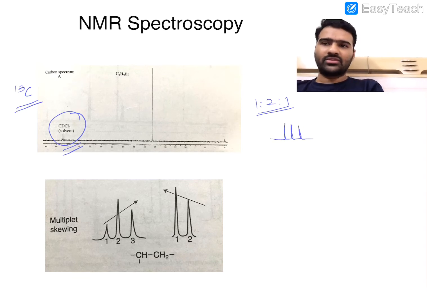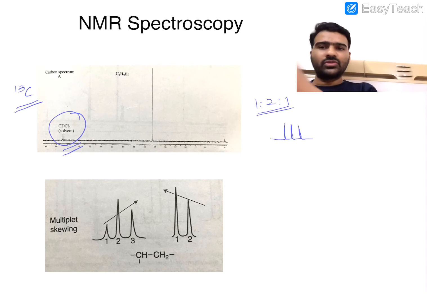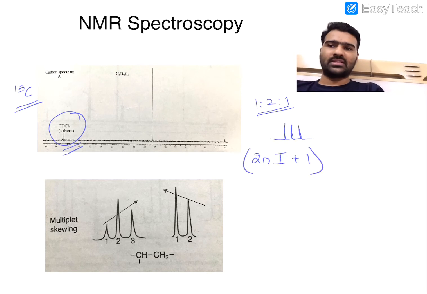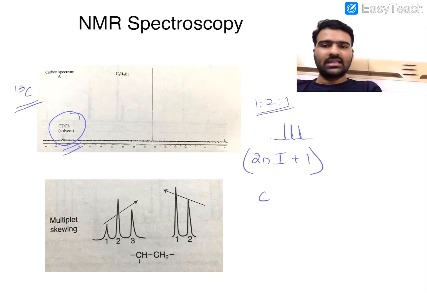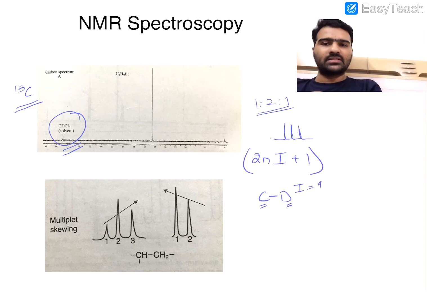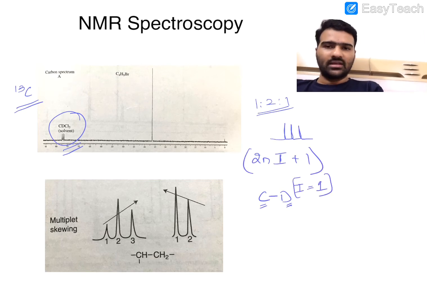For nuclei that don't obey that rule, you'll have to physically look at the various spin states that are available and use the more comprehensive rule of 2nI plus 1 so as to judge the number of peaklets that you would get. And in CDCl3, the nucleus that is splitting the signal of the carbon atom is deuterium, and deuterium has a spin value of 1.